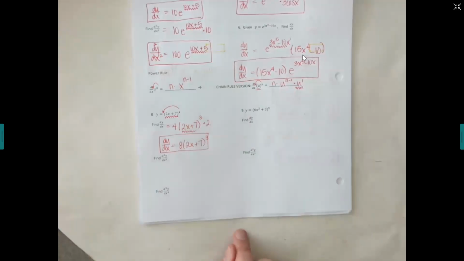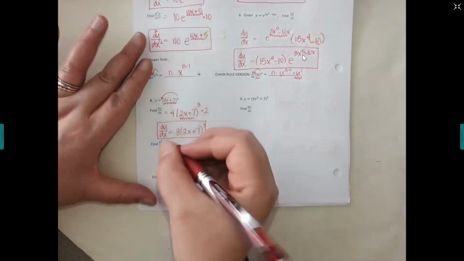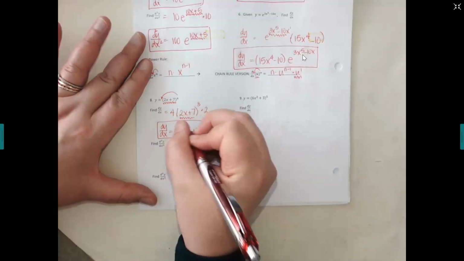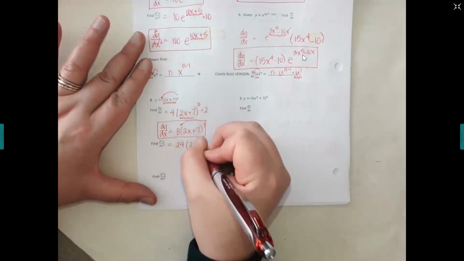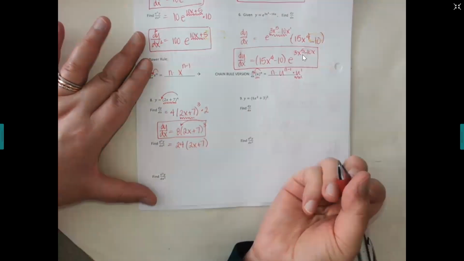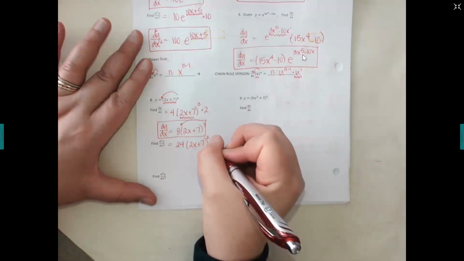Okay, let's say we wanted to take the second derivative of that. Okay, you're going to take the derivative around that core. So my 3 times 8 is 24. My core stays the same. I reduce the power by 1, so it's going to go from a cubed down to a squared.